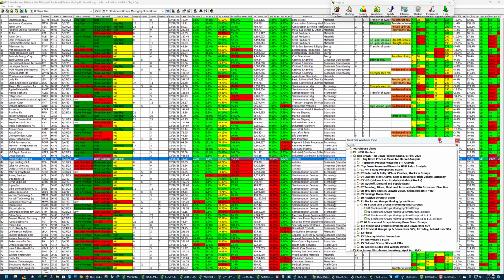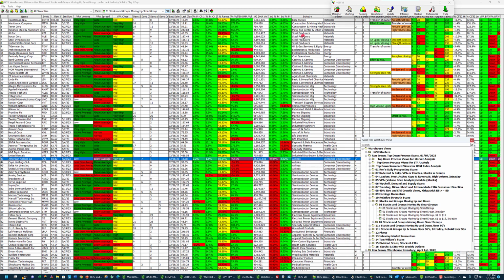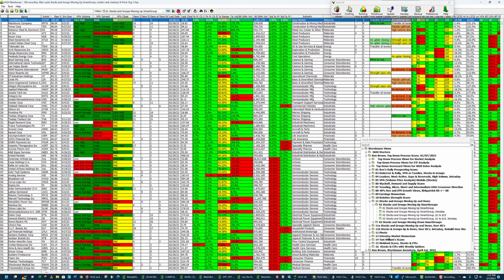Now what I'm going to do is I want to see which of these stocks are going up today. I can see which groups are going up, but I want to see which of the stocks within these groups are going up. So I'm going to click on this little icon here and disengage the combo ranking. That's what that does.